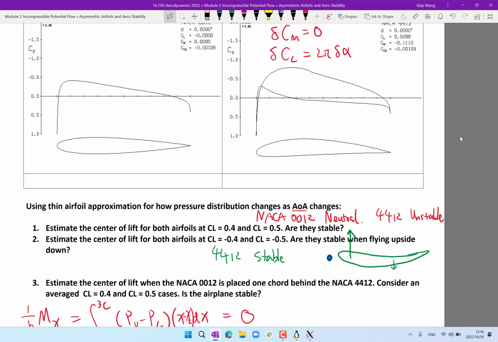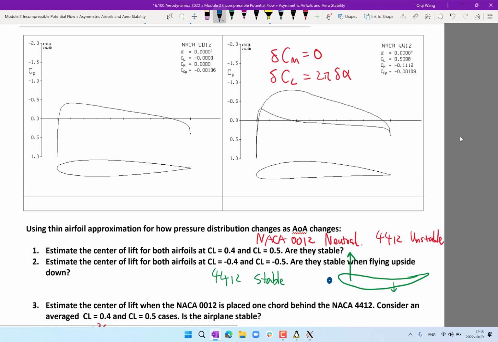Okay, so basically for this airfoil, right, so let's say if the mean, if CL bar is equal to 0.4, okay, that means delta CL is equal to delta CL bar, right?